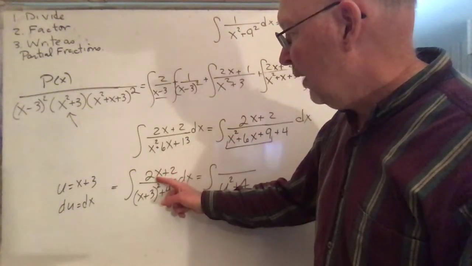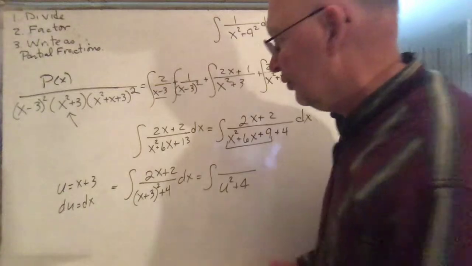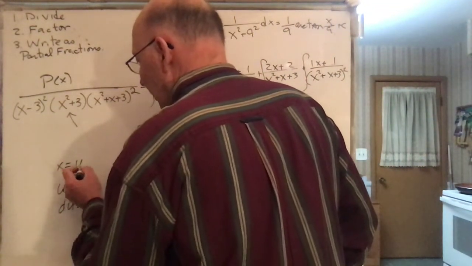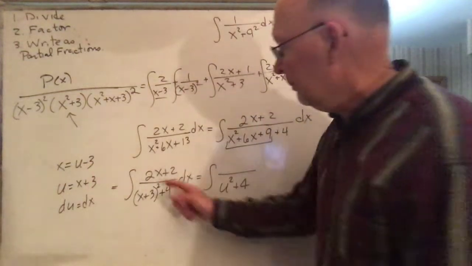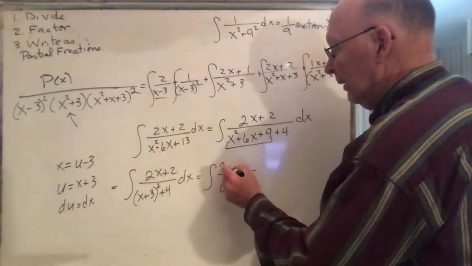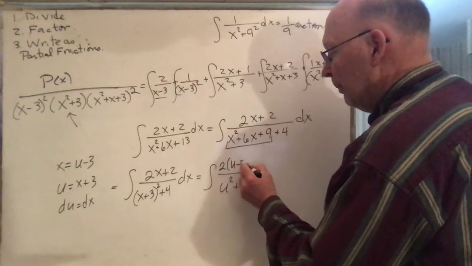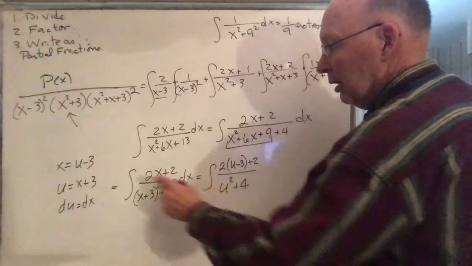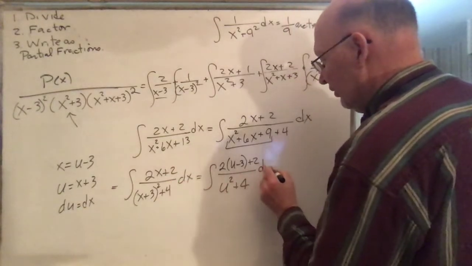I have 2x plus 2. What's x equal to? X is equal to u minus 3. See that? X is equal to u minus 3, so this becomes 2 times the quantity u minus 3 plus 2. Du is equal to dx.